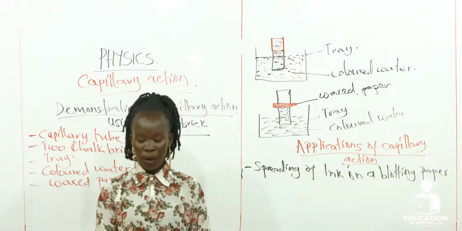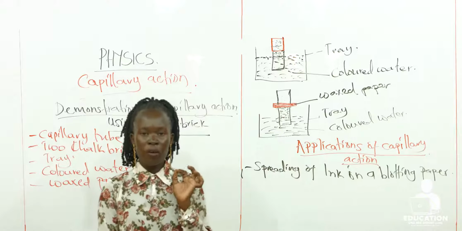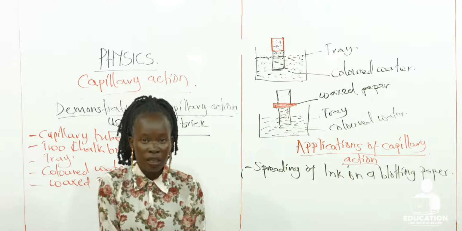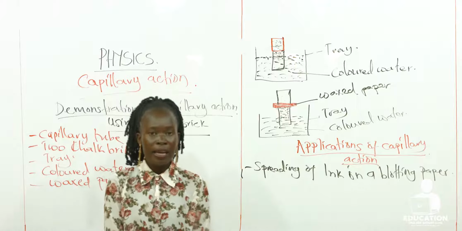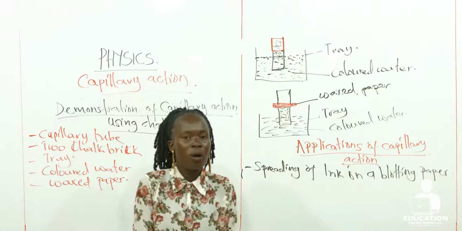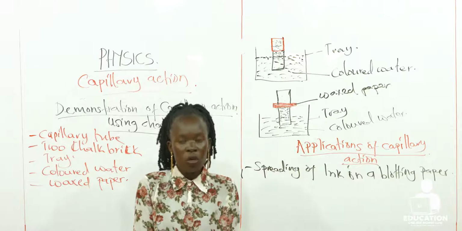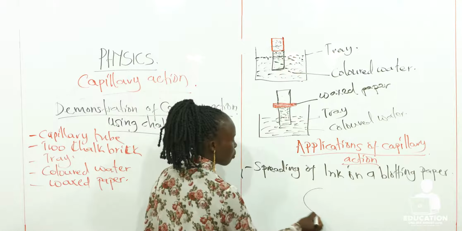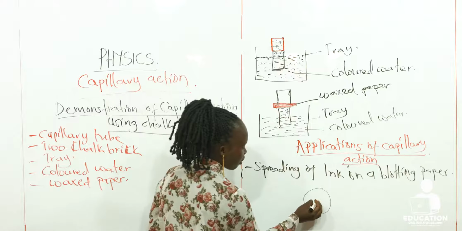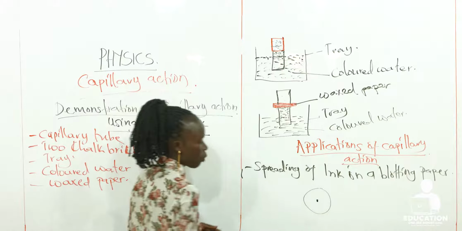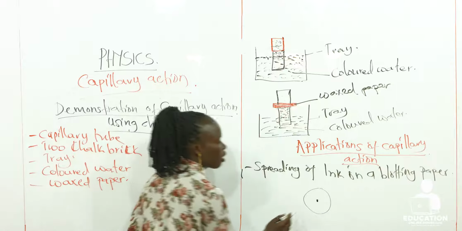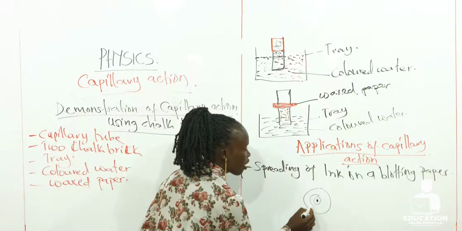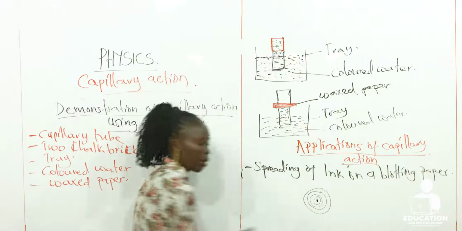When you wet the paper, get a drop of ink and drop it right on the paper. Leave it there for some time, and then you come back and observe. If this was your paper, you had a drop of ink just on this point here. When you come back to see the paper, you'll see that the liquid moves. This drop of ink tries to spread all over the paper.